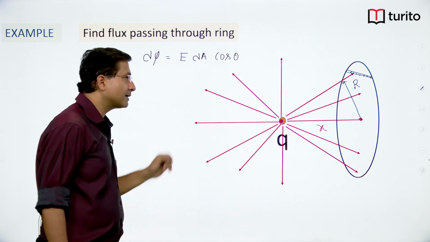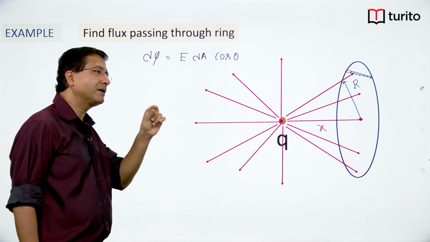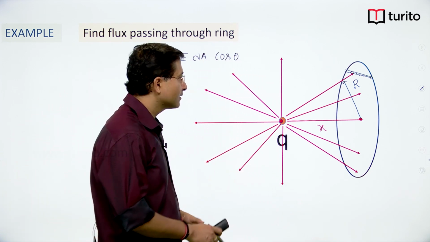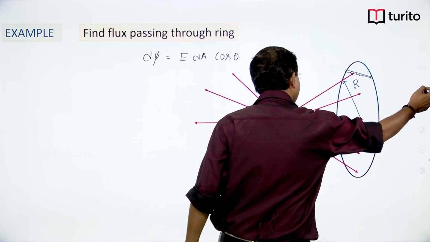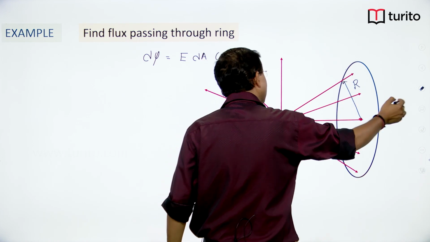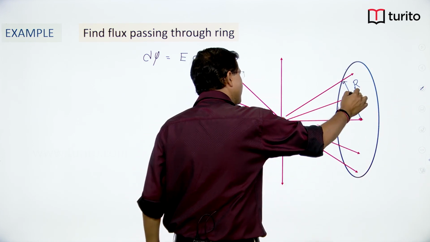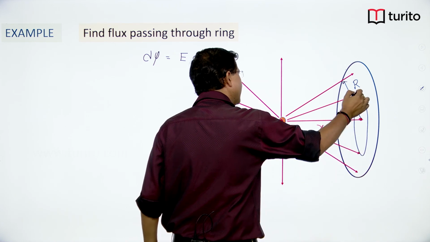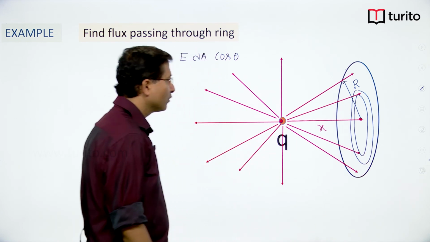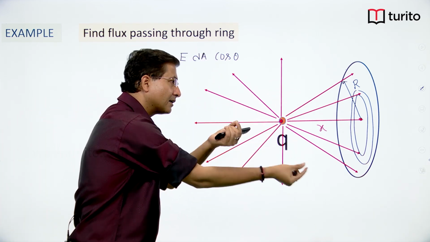So, I need to select the element in such a way that at every point on the element the field is the same. So, if you visualize the element as a ring instead of a strip, so if I take the element this way, so visualize from the charge you have an imaginary ring.